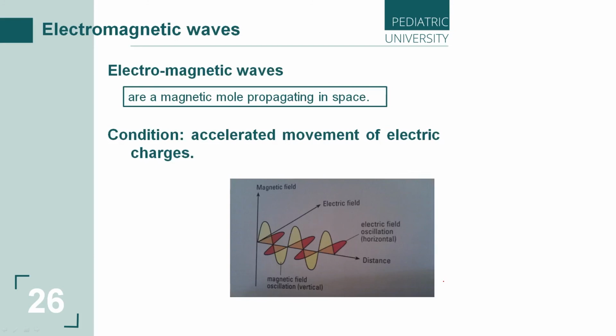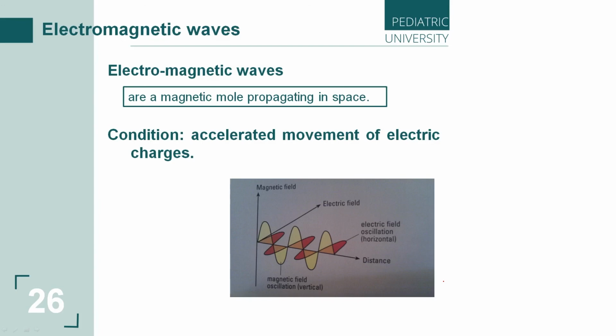Now we have to consider electromagnetic waves. You can say to me that in the previous section we already talked about waves. Yes, I agree with you, but there were mechanical waves. Specifically, we talked about sound, for example, and we said that sound is a longitudinal mechanical wave which spreads in an elastic medium.